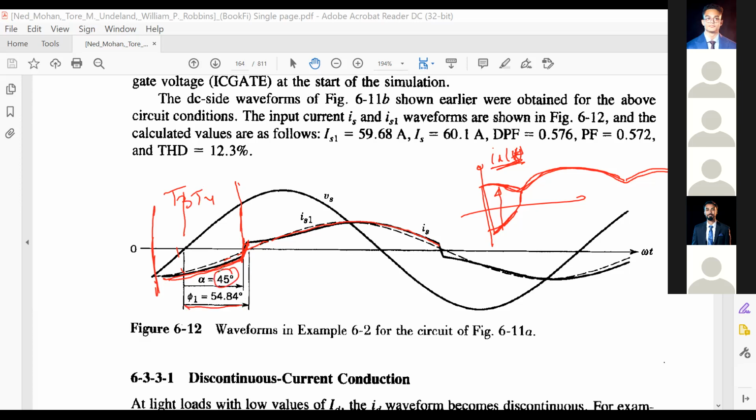Alpha is equal to 45 degree, and phi 1 is 54.84. So phi 1 will be alpha plus U by 2, right? So alpha is given as 45 degree, and phi 1 is 54.84. Can you find out U?